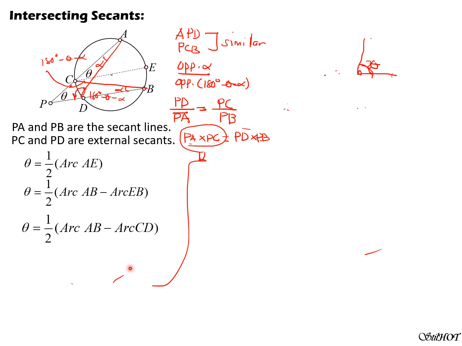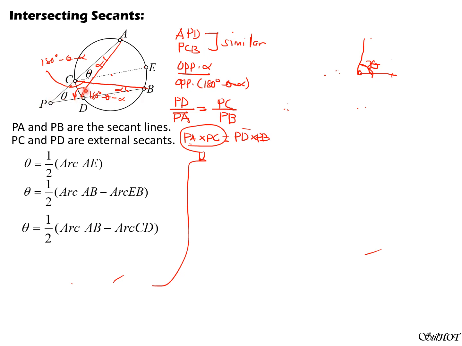We interpret the result as theta is simply 1/2 the measure of the difference between the subtended arcs. So we have two arcs here, AB, subtended by the secants, and this smaller arc CD.